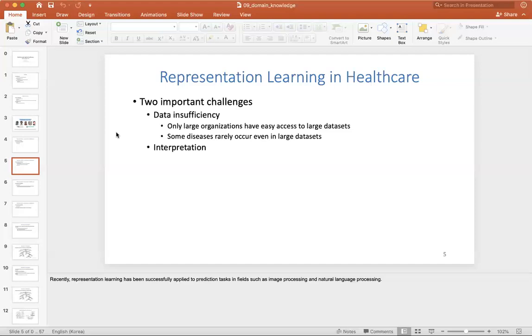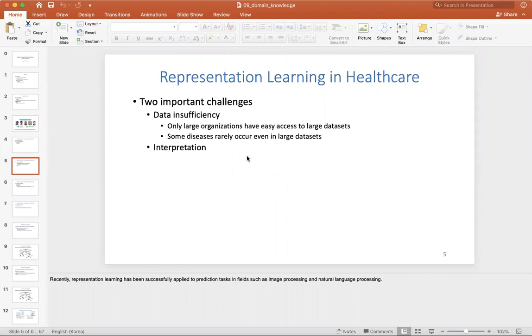So as said here, only large organizations have easy access to large data sets. National-level hospitals like Asan Medical Center or Seoul National University Hospital, national-level university hospitals or medical centers like that, have tons of data, probably millions of patient records, but local hospitals, not so much.